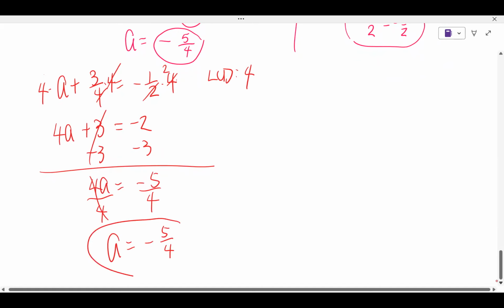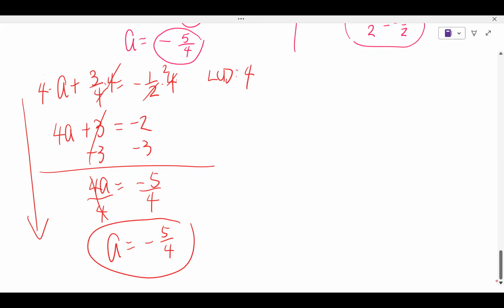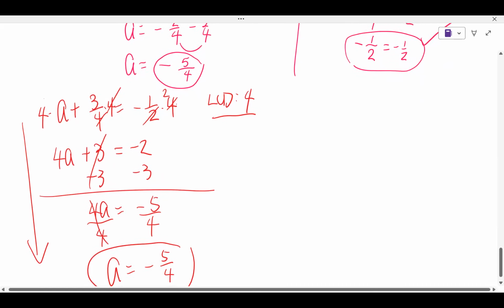So basically, Corinne just provided another way of solving this type of problem. If you want to get rid of the denominator, you don't want to deal with the fractions, this is the way to go. But again, you're going to use LCD, right? If you're using 2, that doesn't help too much.